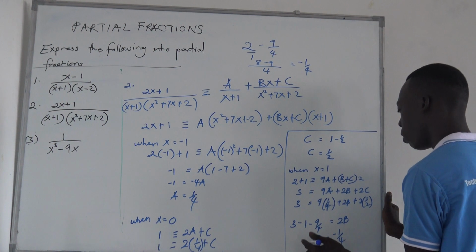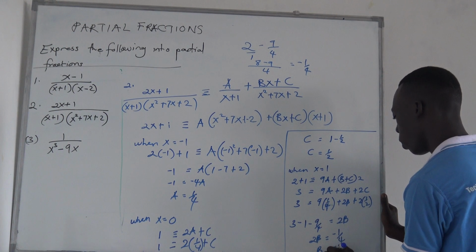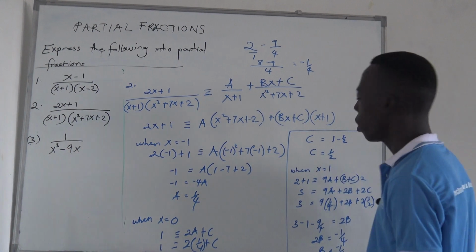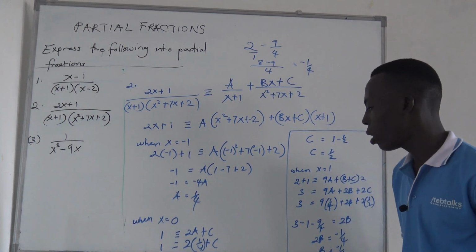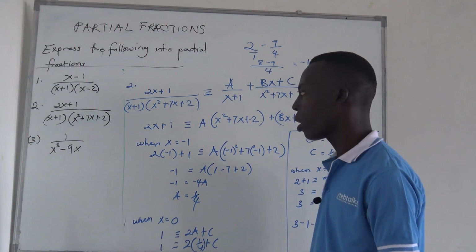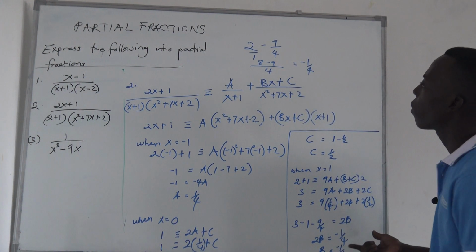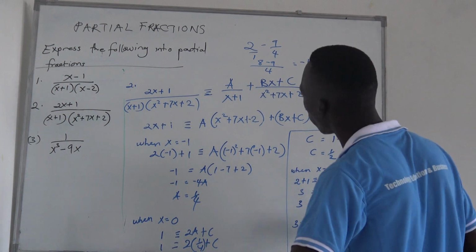When you divide both sides by 2, b becomes negative 1 out of 8. So b is negative 1 out of 8. You have c a half, and a is a quarter. So after doing that, after getting the whole of this, come back and substitute.